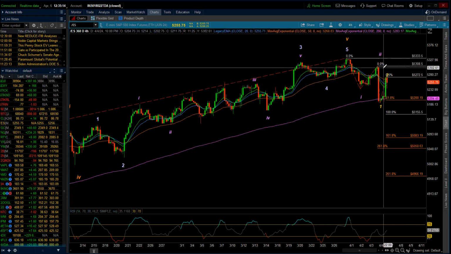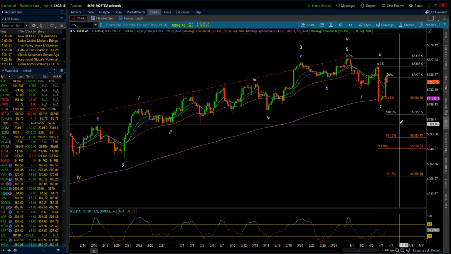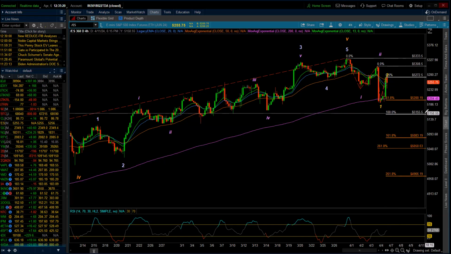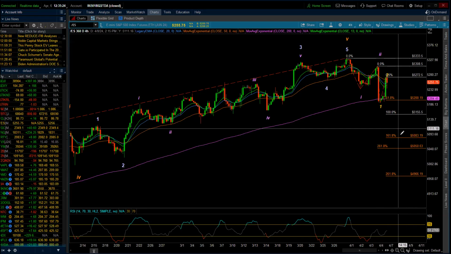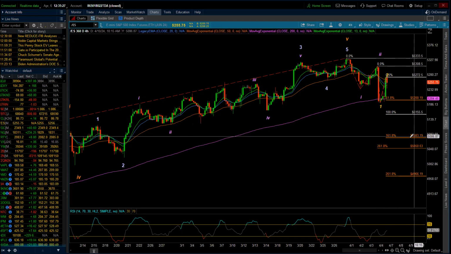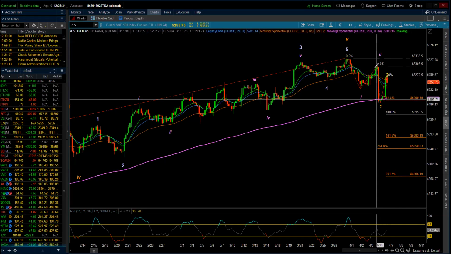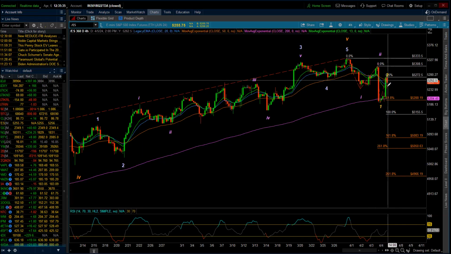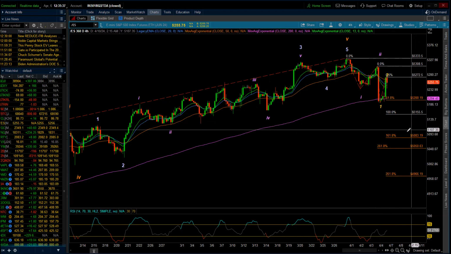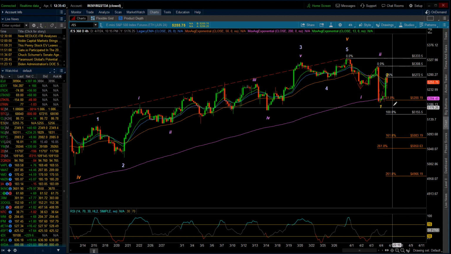I want it to be longer than that first wave, so it's got to come in below 51.55. Could be 50.50 for all I know. But right away I'd be looking for maybe even below. If it's going to come off, I'm looking for a repeat of this: they just start coming and they just start getting out, and then it goes. It's going to take a little while. All right, so that is that.